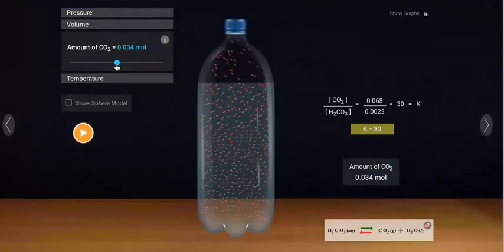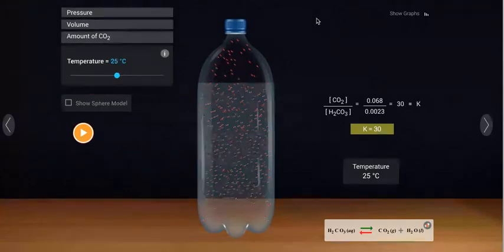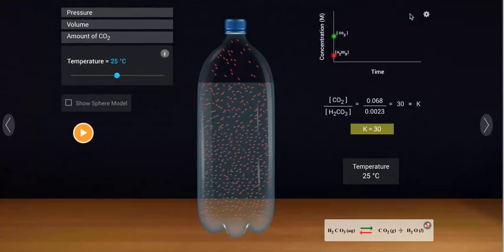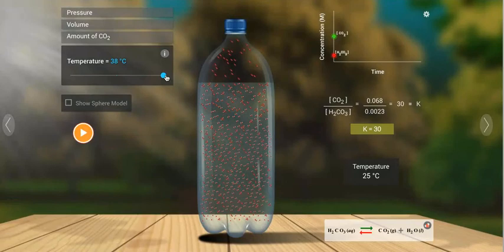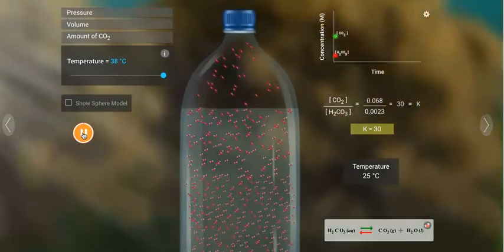The last stressor that I would like to apply is temperature, and I'm going to increase temperature, and this time I will show you a little bit of a graph, and this will help you determine whether this is endothermic or exothermic in the forward direction. So we're going to increase temperature of the pop, and let's see what happens here.